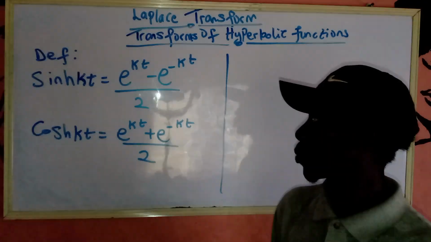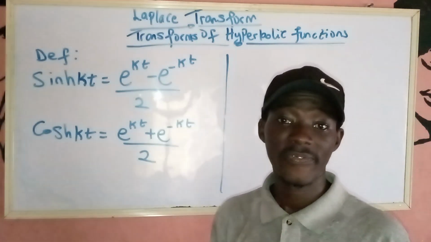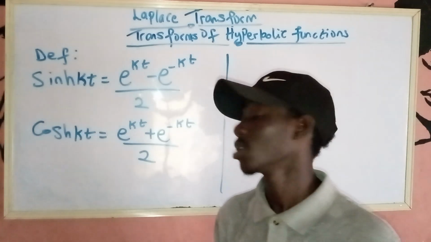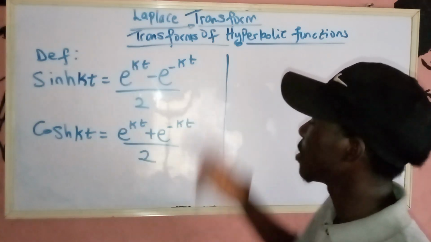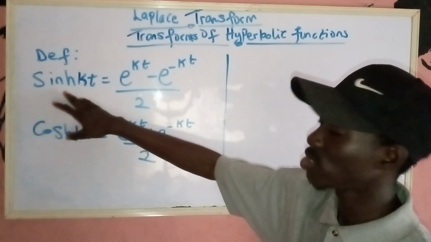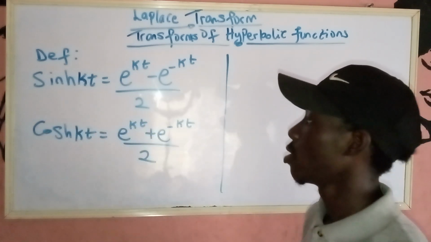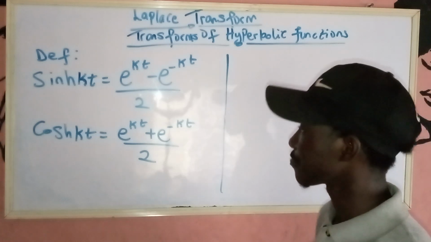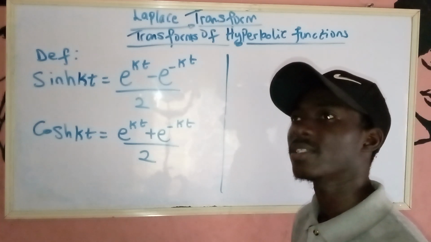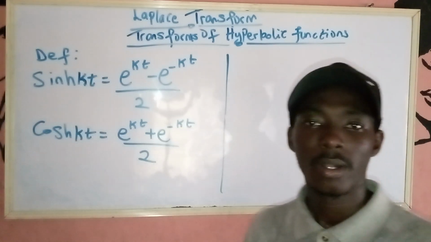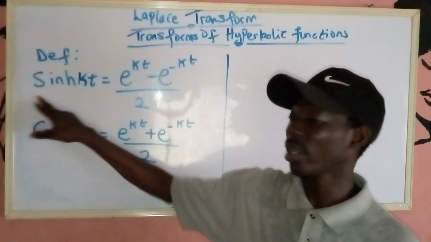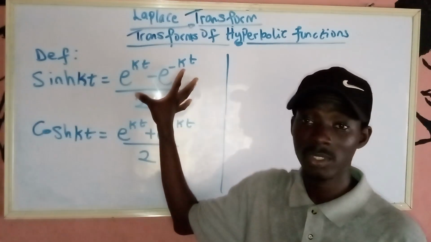So from the last video we did the Laplace of e raised to power at, that means Laplace of exponential functions. Now we're going to Laplace of hyperbolic functions, which is sinh of kt and cosh of kt. To find the Laplace transform, there are many ways to do that, but the easiest way is to express the hyperbolic function in terms of what?